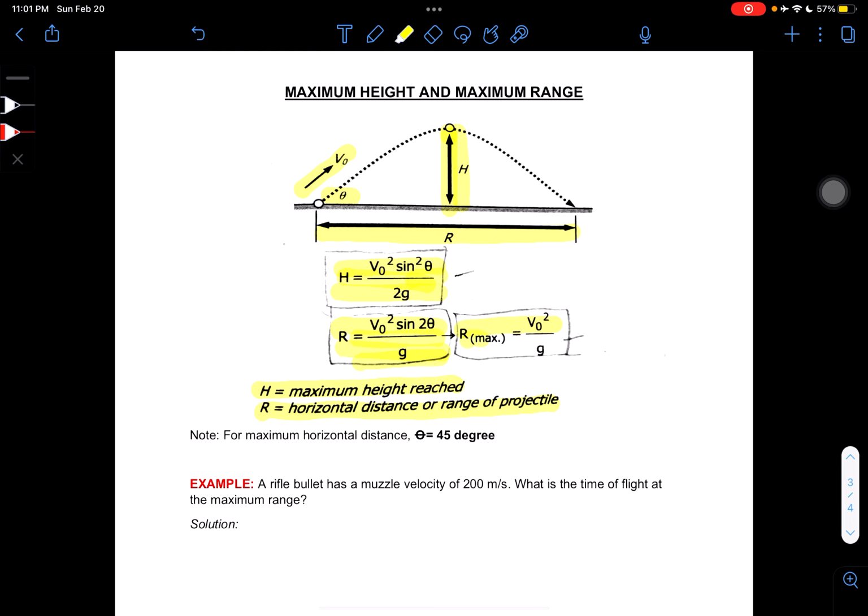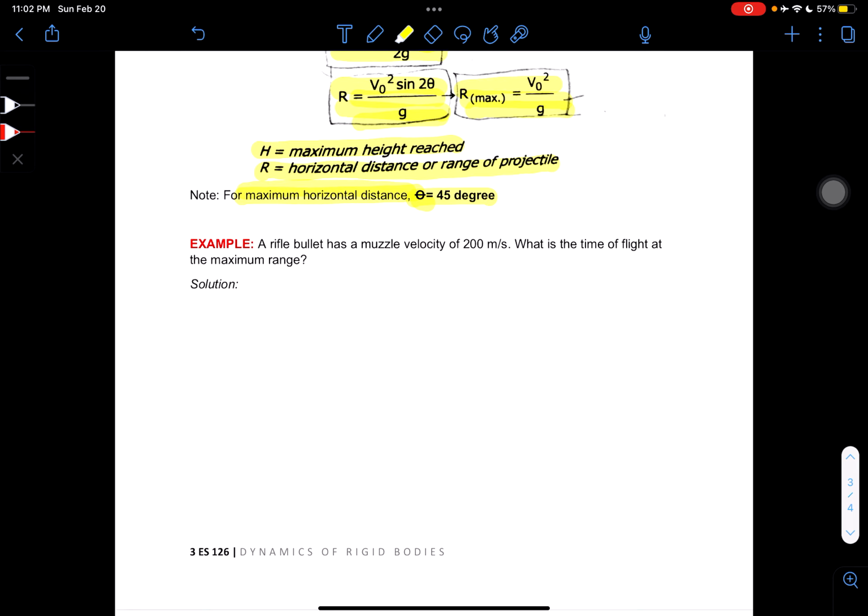So R max, solving for maximum horizontal distance, V0 squared divided by gravity. So sa maximum horizontal, unsaon na to paghibalo if ang ato ang angle is 45 degrees. So let's have an example for this topic.